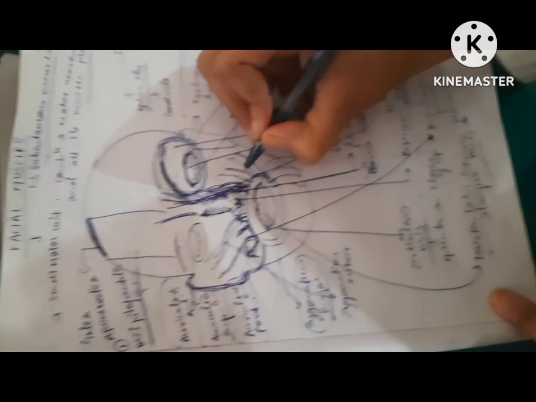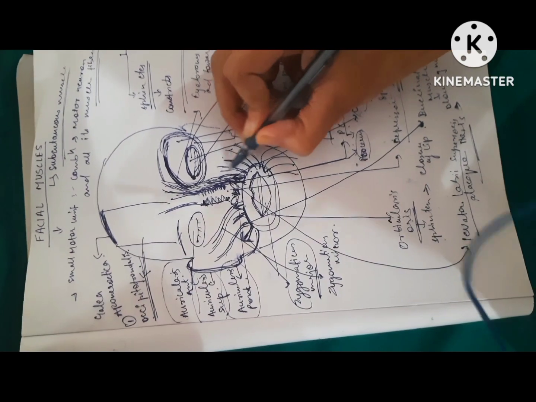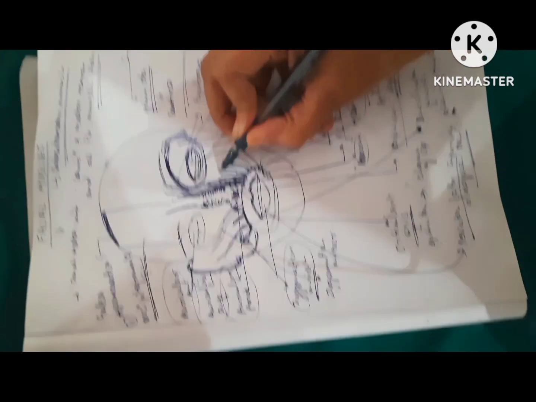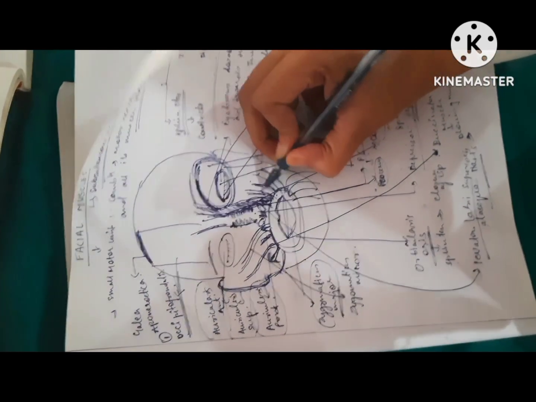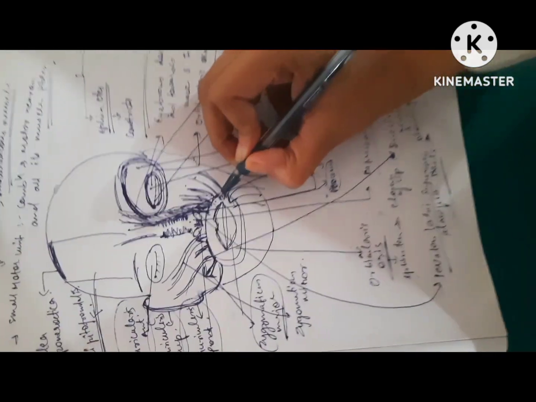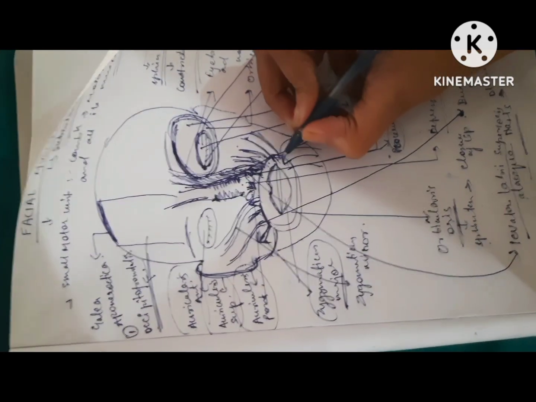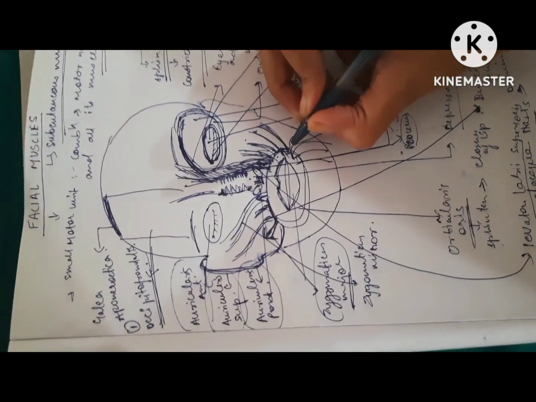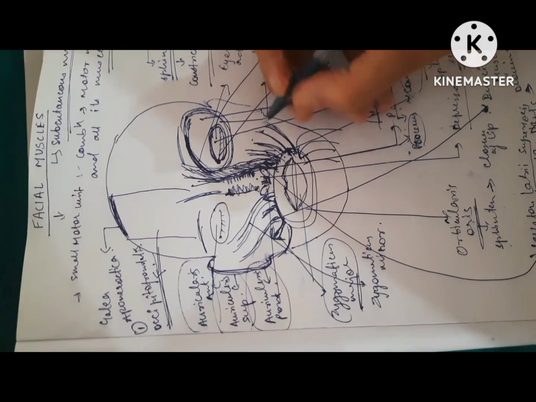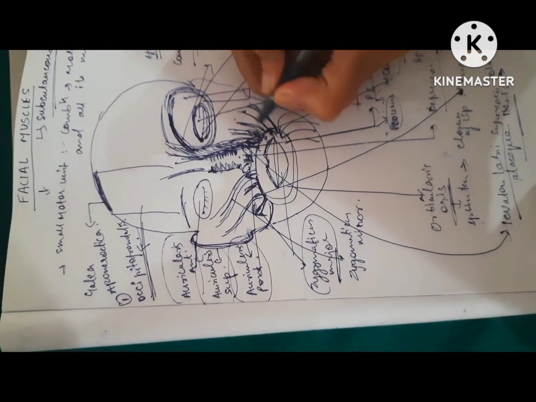Levator labii superioris pulls the upper lip upward. Levator anguli oris pulls the angle of the mouth upward. Hence the name says levator anguli oris, that means it pulls the angle of the lip, and levator labii superioris pulls the upper lip.